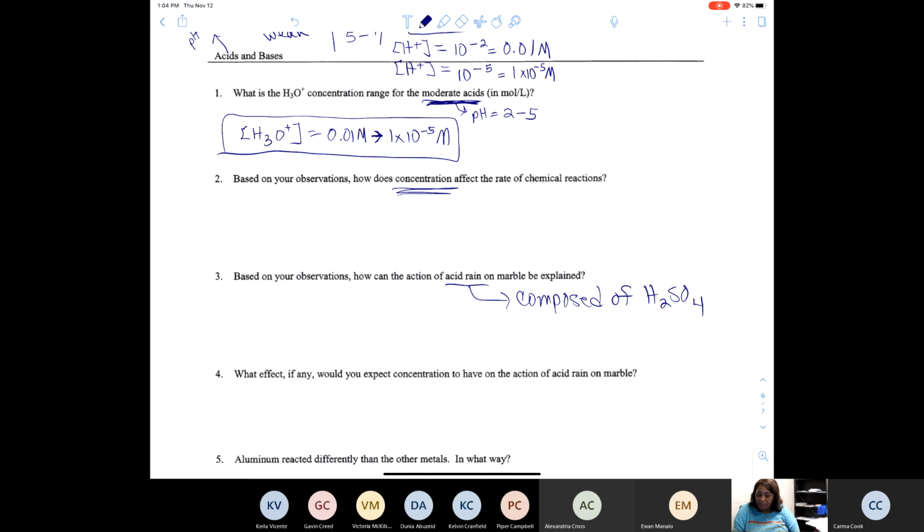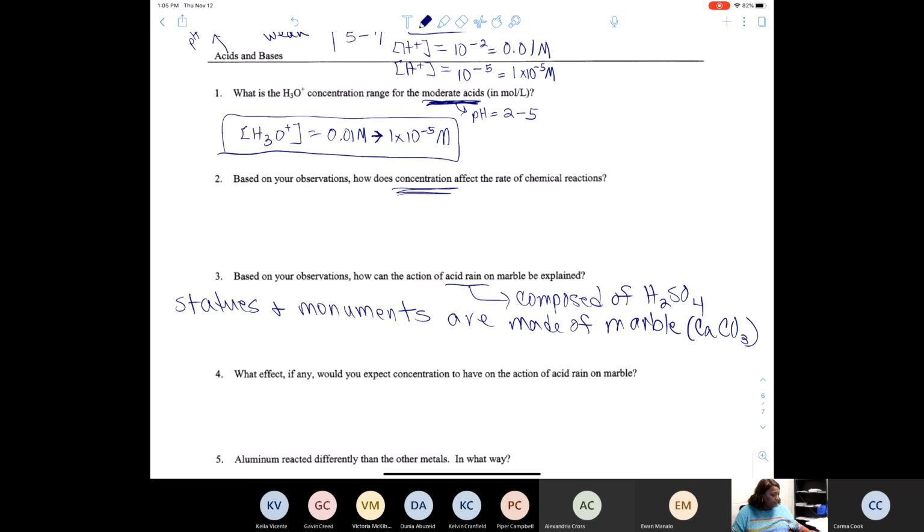And so statues and monuments, like the Lincoln Memorial, the Washington Memorial in DC, they're made of marble. Marble has the formula CaCO3. So remember our acid-base reactions that we looked at in the lecture.